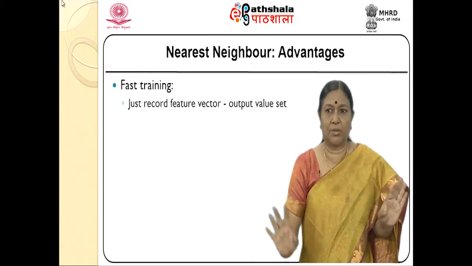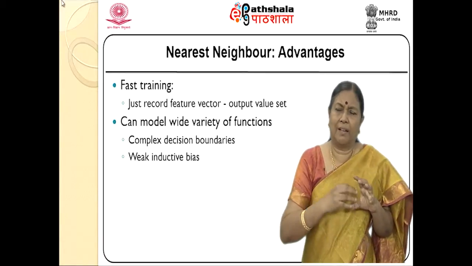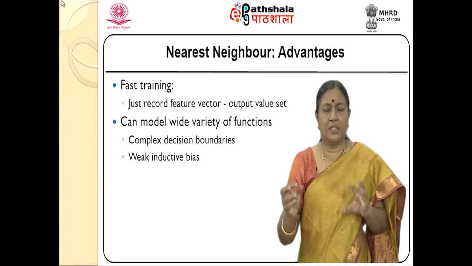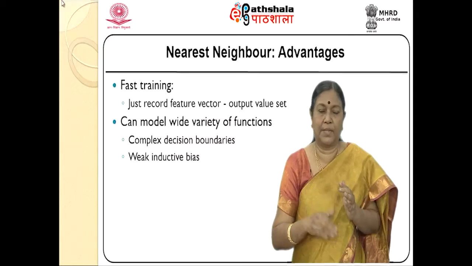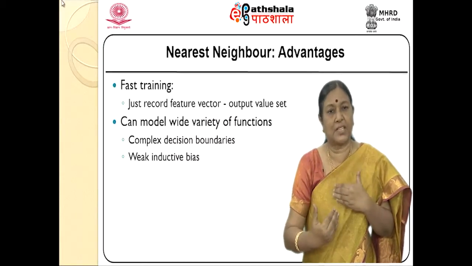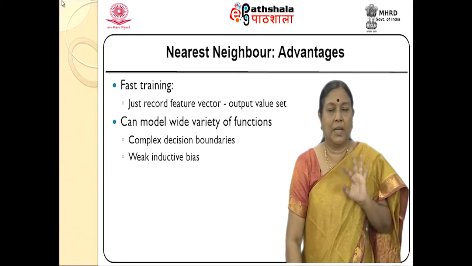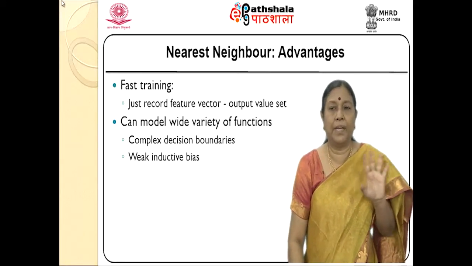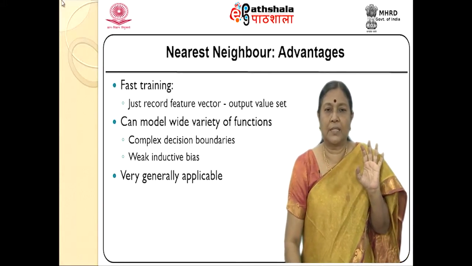So, there is no question of time required for modeling or training, and you can model any variety of functions. Complex decision boundaries and weak inductive bias do not come into the picture if you have done the feature selection, normalization and weighting properly. Any model in theory can be handled and it is generally applicable. So, that is the advantage.